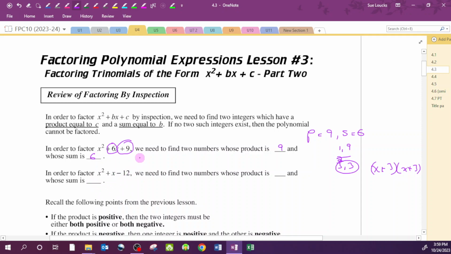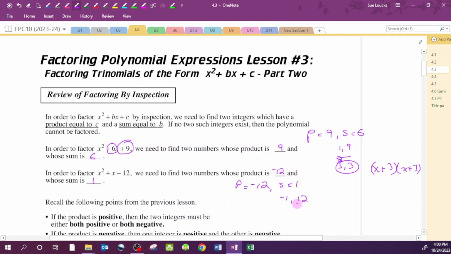Factoring this one, x squared plus x minus 12, we want a product of negative 12 and a sum of 1. Since the product is negative, one factor is positive, one factor is negative, and since the sum is positive, the bigger one will be positive. We'll start with negative 1 and 12.